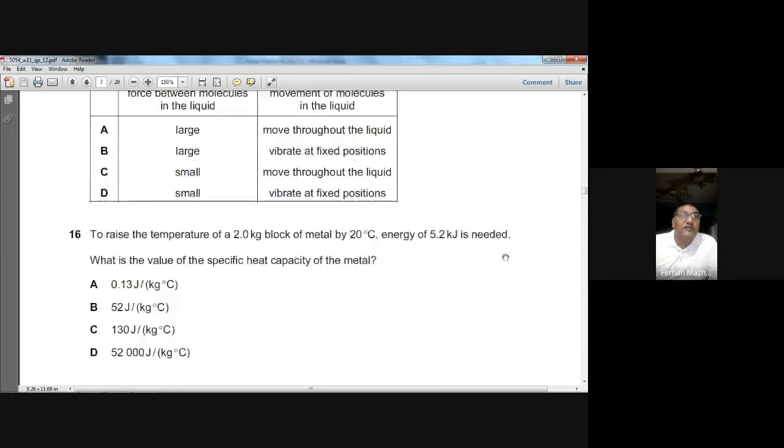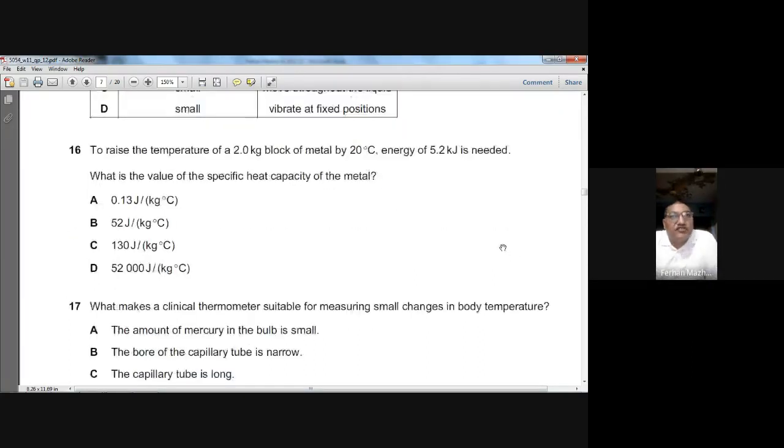Okay, on your screen: to raise the temperature of a 2 kg block of metal by 20 degrees centigrade, energy of 5.2 kilojoules is needed. What is the value of the specific heat capacity of the metal? Here the temperature change is taking place.